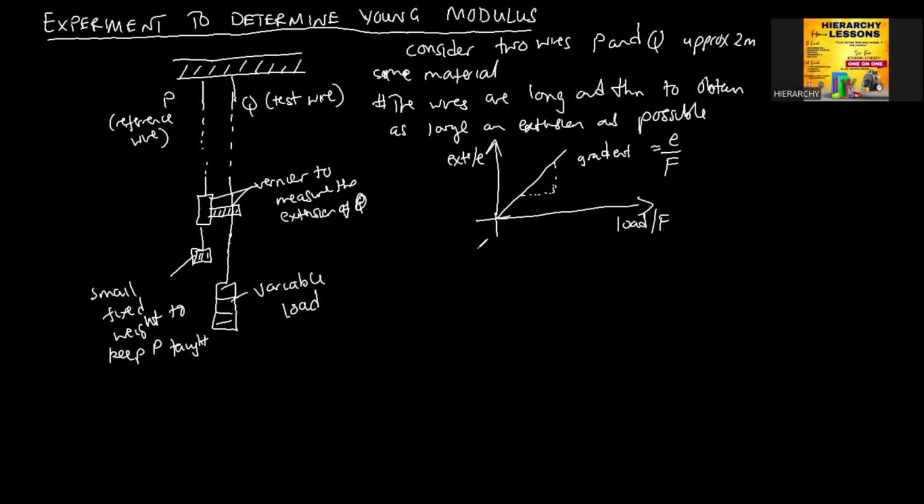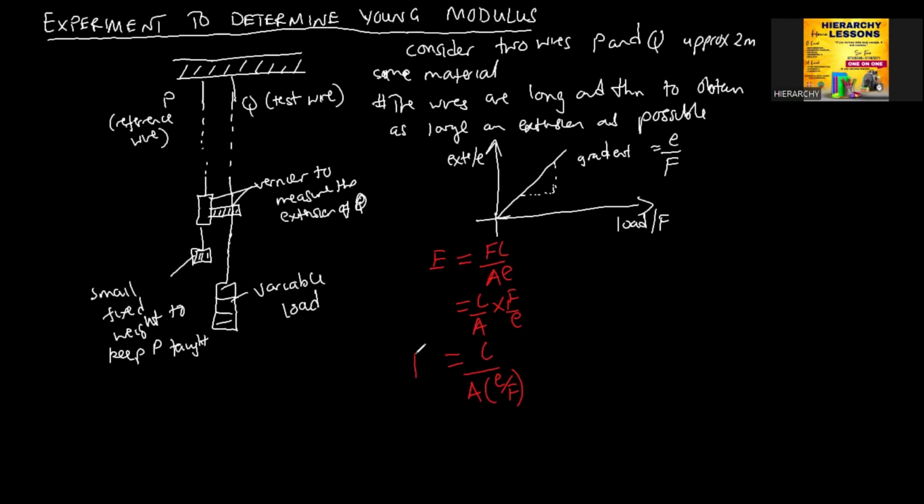So going back to our defining equation for Young modulus, we know that Young modulus E is equal to FL over AE. If we split it, it's L over A times F over E, and we want to incorporate E over F. Simplifying, we are left with L over A times E over F, because putting E over F here means it's 1 over.